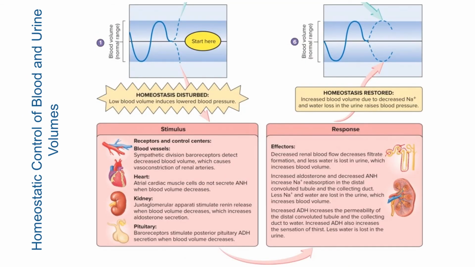On the other hand, if low blood volume induces lowered blood pressure, of course, there would also be other stimulus. Again, it includes your blood vessels, the heart, the kidneys, and the pituitary. And of course, it would also have a response with your effectors, and you will know that your homeostasis is restored with increased blood volume due to decreased sodium and water loss in the urine, which raises your blood pressure.